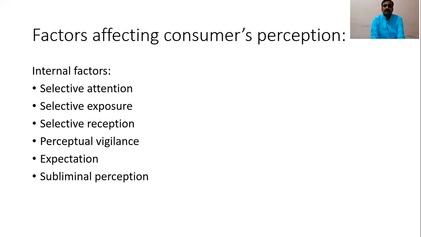And selective exposure. Here the consumer makes only selective exposure to the products or services. People use selective exposure and try to avoid coming into contact with any communication which contradicts their strongly held beliefs and attitudes. It usually depends upon their beliefs and attitudes.